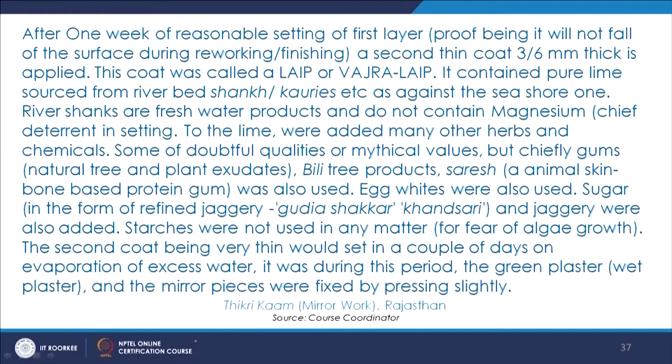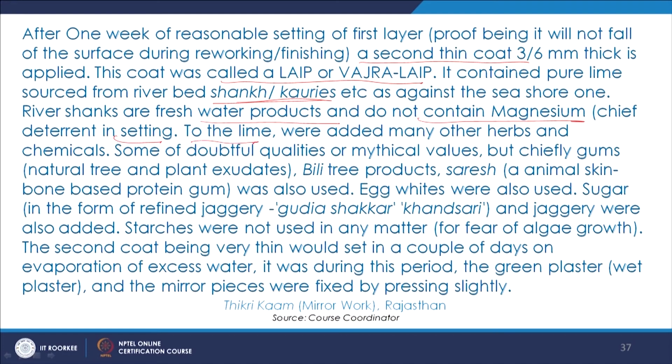So after 1 week of reasonable setting of first layer, a second thin coat of 3 to 6 mm is applied. This coat was called lap or vajralap. It contained pure lime sourced from riverbed shunk and coddies, as against the seashore one. River shunks are fresh water products, and they do not contain magnesium, which is the chief deterrent in setting.